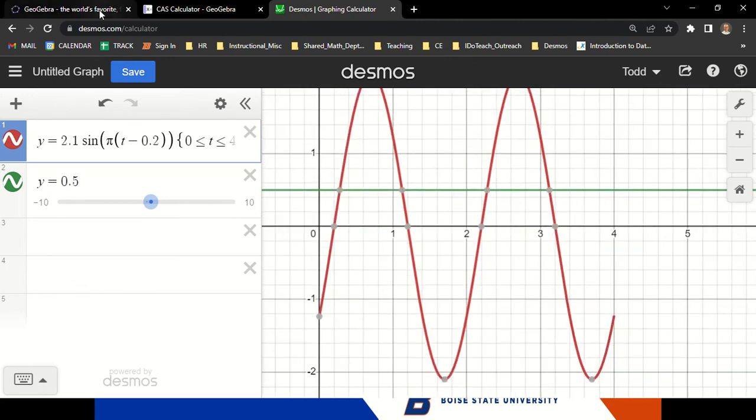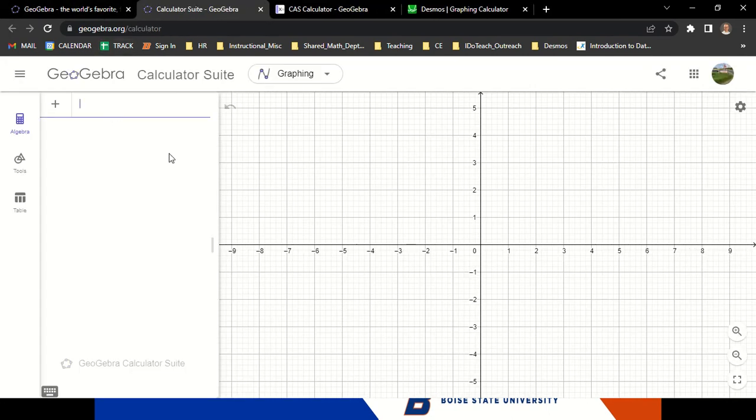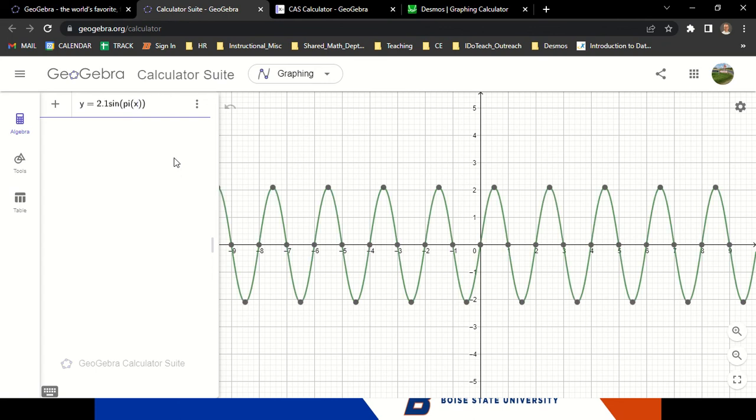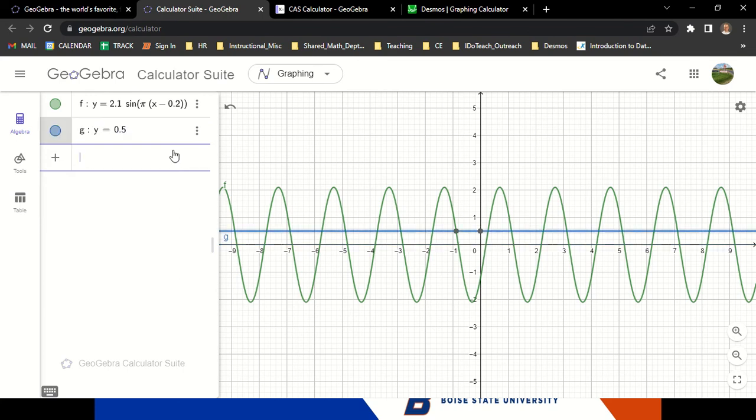And you can do the same thing in Geogebra. I don't know if you guys have experience with Geogebra, but you can start the graphing calculator and you can do the same thing. You can do y equals 2.1 sine of pi times x; Geogebra tends to act a little bit better if you use x. But I'm going to do y equals that and 0.5, and then we're looking for the solutions between 0 and 4.